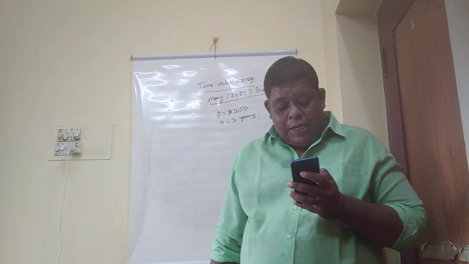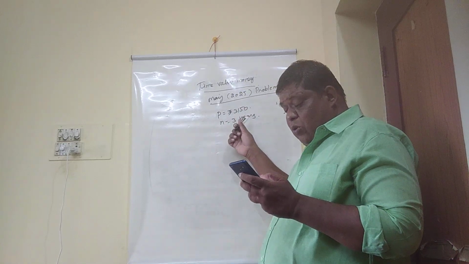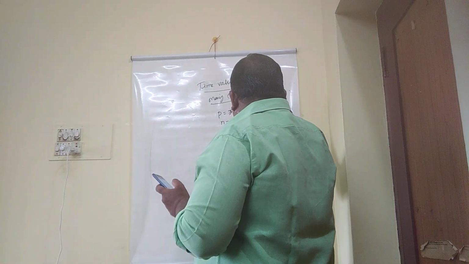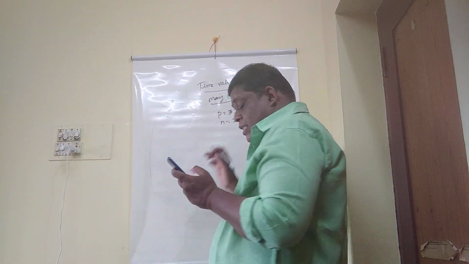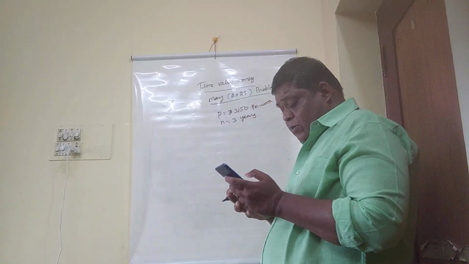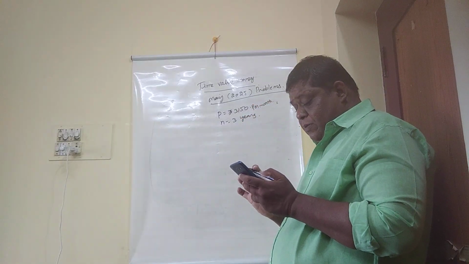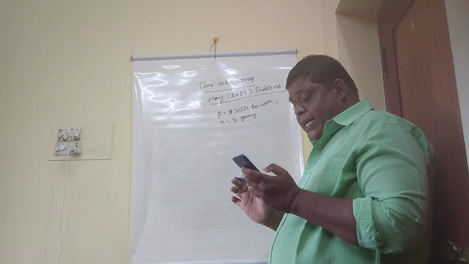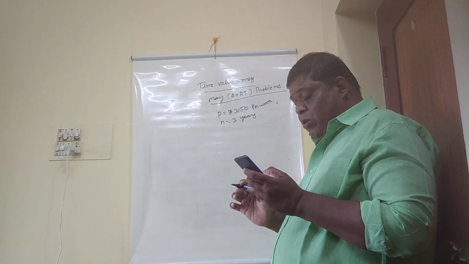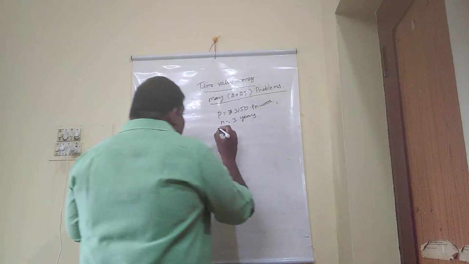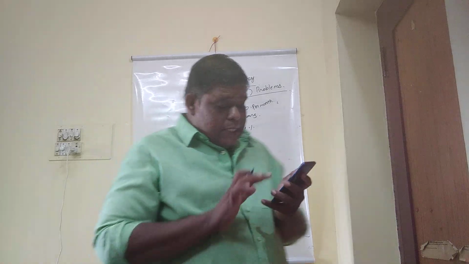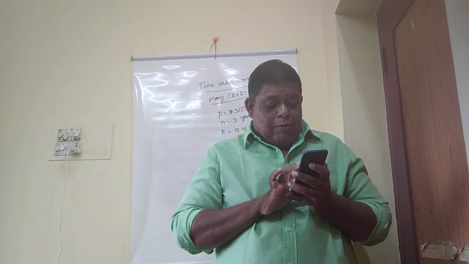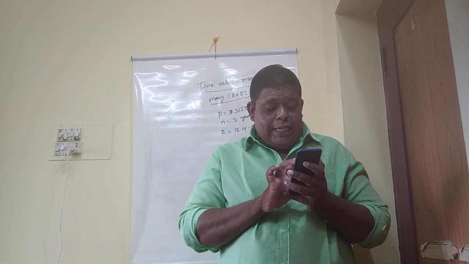Once again, I read the question. Raju will pay an installment of rupees 3150 per month for the next 3 years towards his loan at an interest of 12.4 percent discounted monthly.